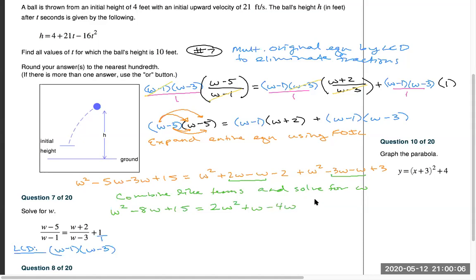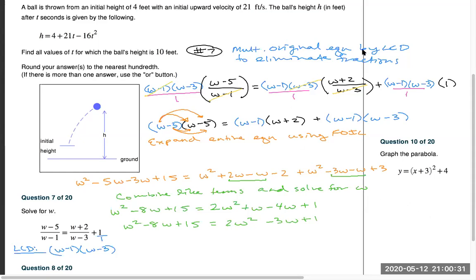So yeah, caught myself there. And then this last bit, we have minus 2 plus 3, that's plus 1. Okay, so keep combining like terms where you can. W squared minus 8W plus 15 equals 2W squared minus 3W plus 1.